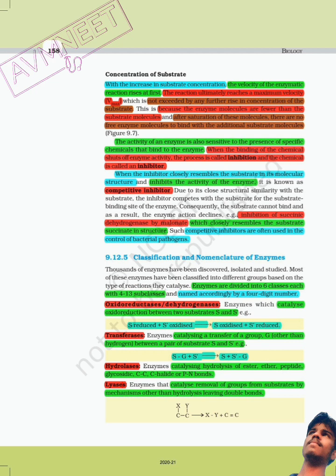Consequently, the substrate cannot bind, and as a result, the enzyme action declines. For example, inhibition of succinic dehydrogenase by malonate, which closely resembles the substrate succinate in structure. Such competitive inhibitors are often used in the control of bacterial pathogens.